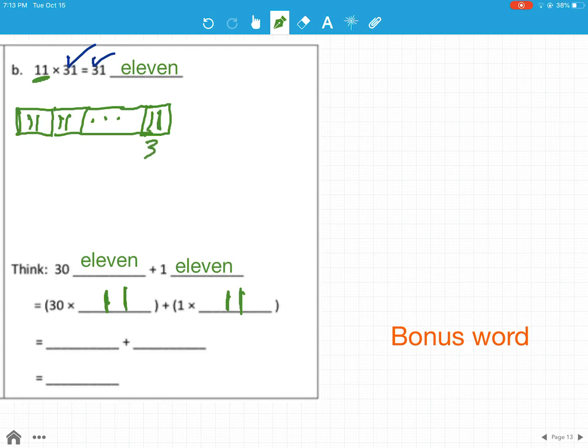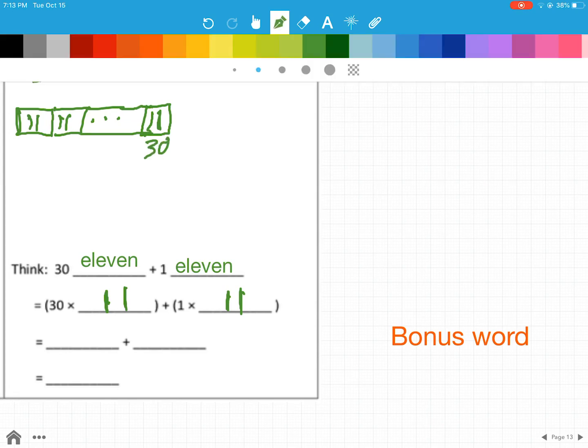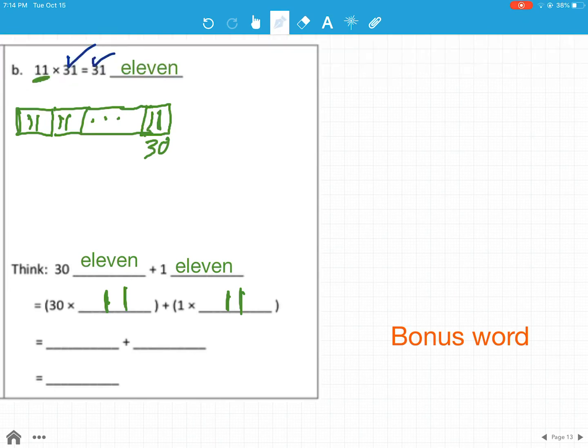And there's my 30th. And then I need to add one more. So this is where I'm getting the 1 from. I'm adding one more to make 31.